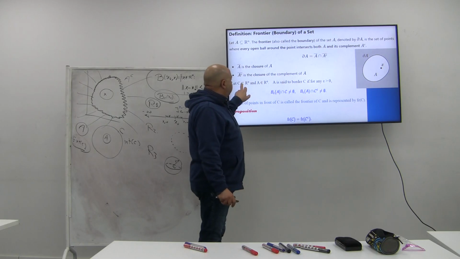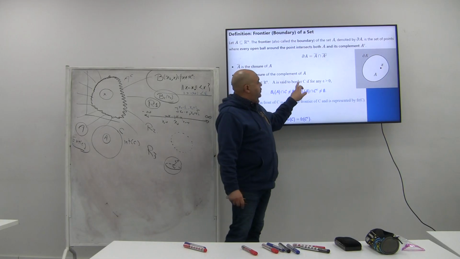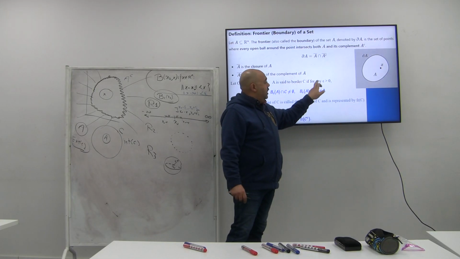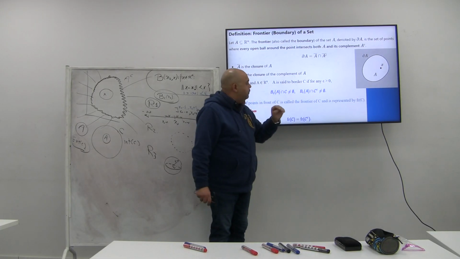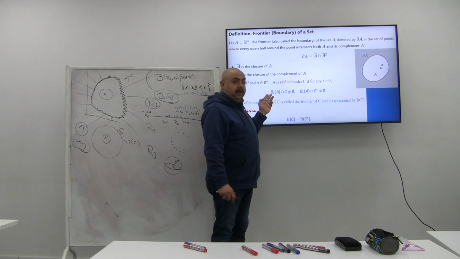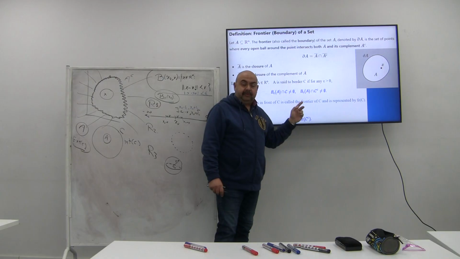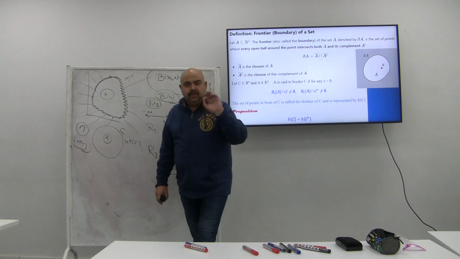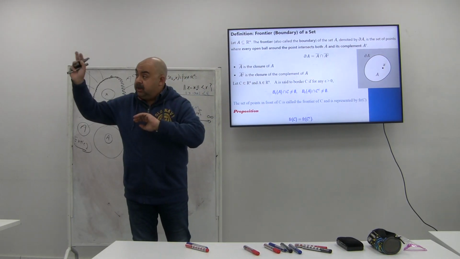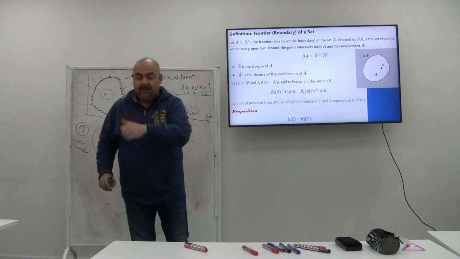Let C be a subset of Rn, and A belongs to Rn. A is said to be a border point of C if for any epsilon greater than 0, remark that the open ball at A intersection C doesn't equal phi, simply because the borders are joined between both of them. Okay?